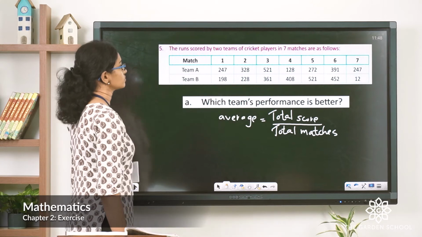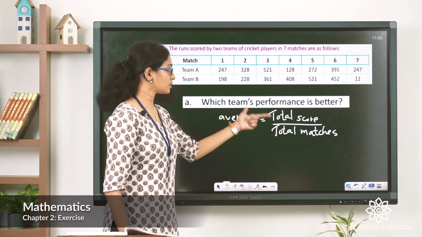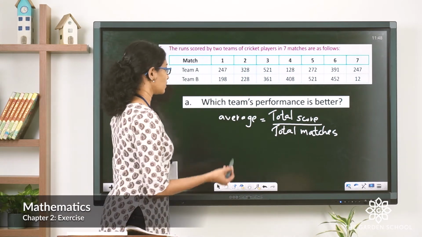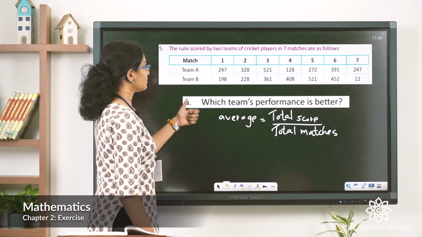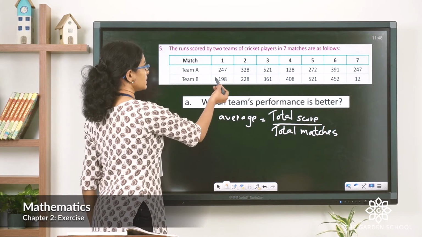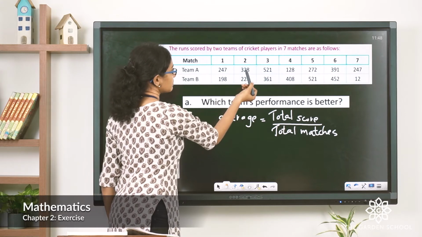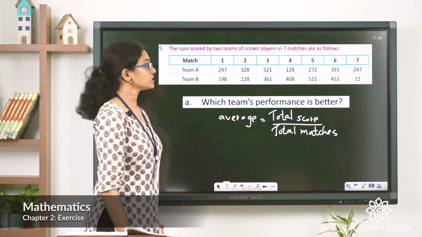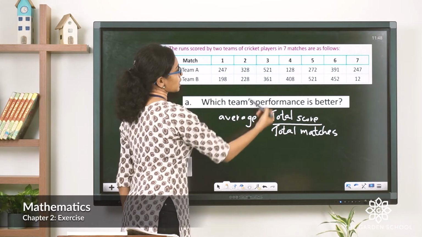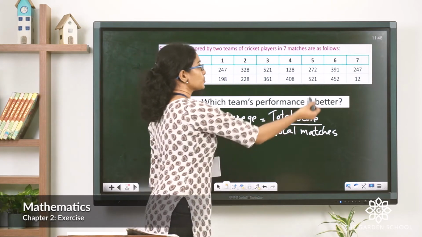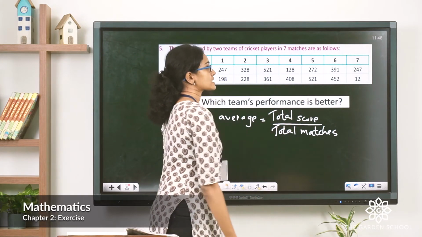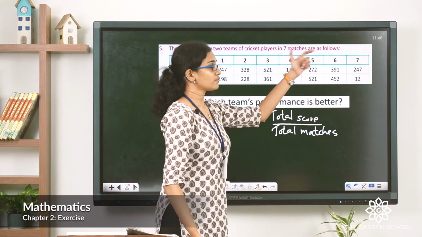So the average is the total score divided by the total number of matches. So for team A, the total score will be equal to 247 plus 328 plus 521 plus 128 plus 272 plus 391 plus 247.